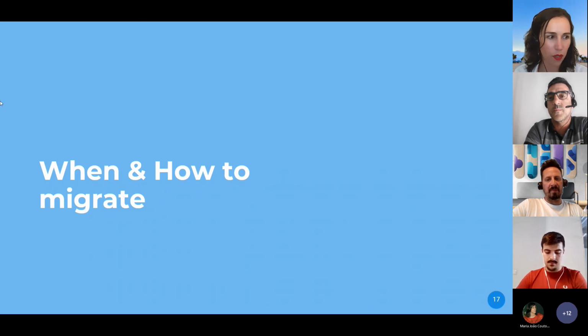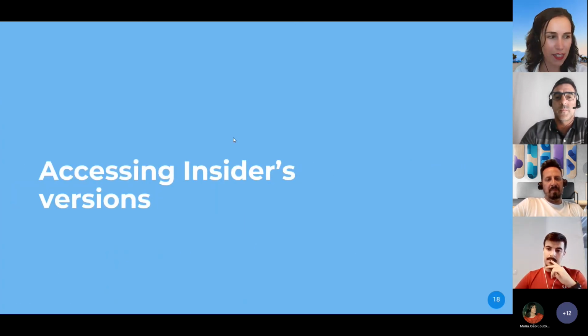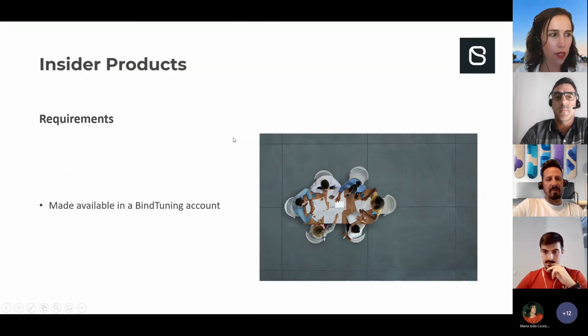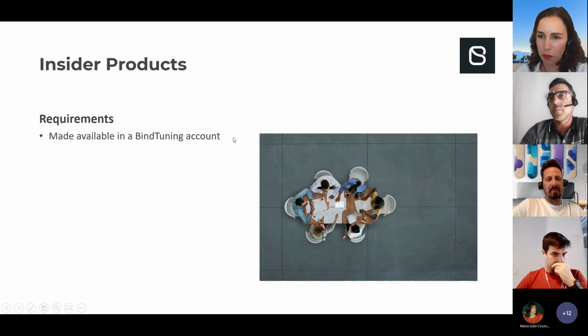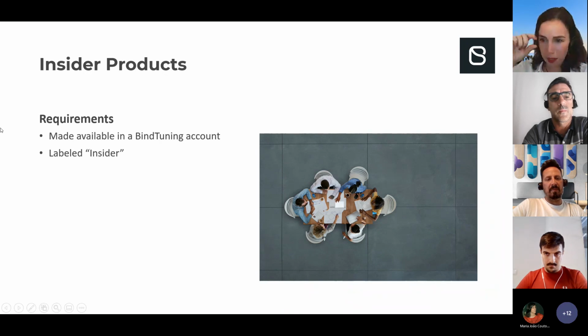Okay, last but not least, how are you accessing the Insider version? Everyone who is registered to become an insider, I've contacted individually explaining how and where to access the products. The criteria for this is you need to have an active BindTuning account with an active product. You'll see a label of insider, I think it's an orange label, right, guys?